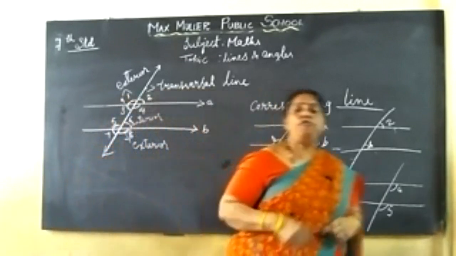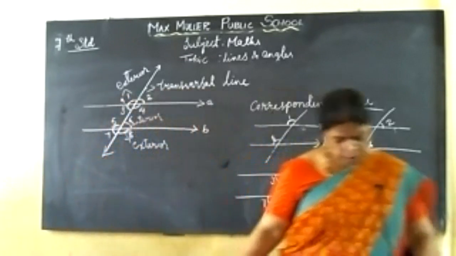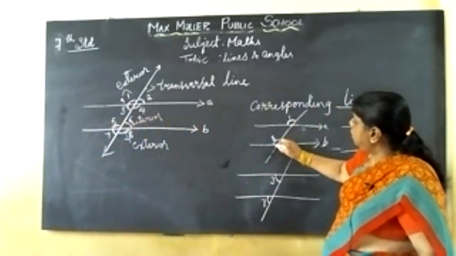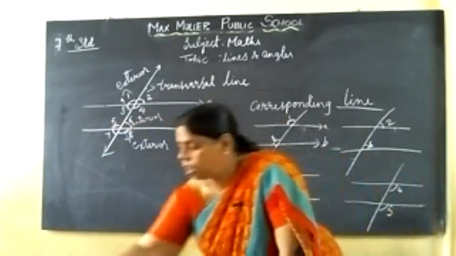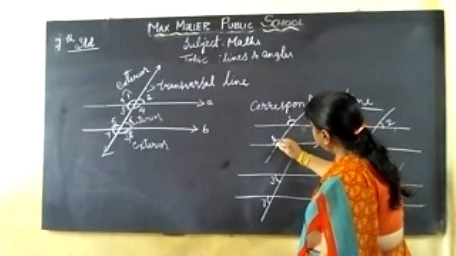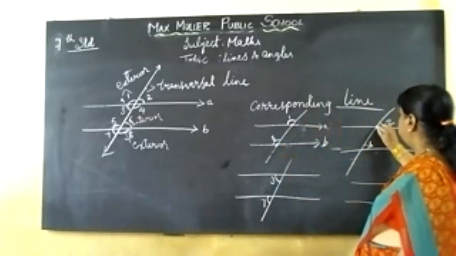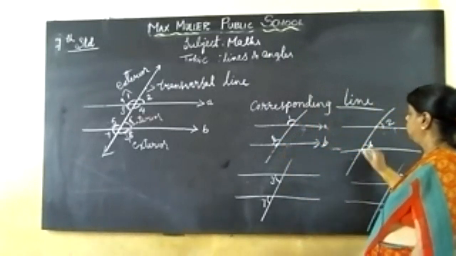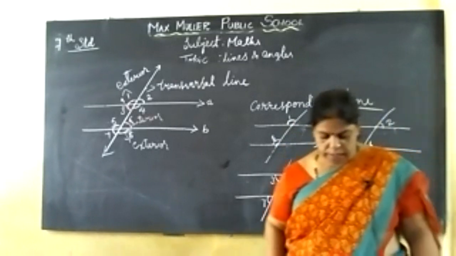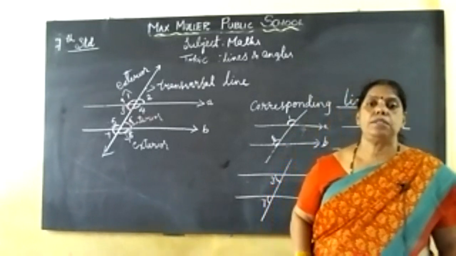They have different vertices, isn't it? Vertices will be different. I'll show you with another chalk. See here, different vertices. They have different vertices. They are on the same side of the transversal.